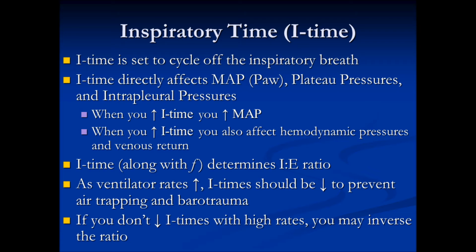Well, if the doctor then says go up to a rate of 60, if you don't go and change your I time, if you keep that 1.6 second I time, you would not have time at all for exhalation. Actually, the vent wouldn't know what to do, wouldn't be able to cycle into expiration because your I time is too high.